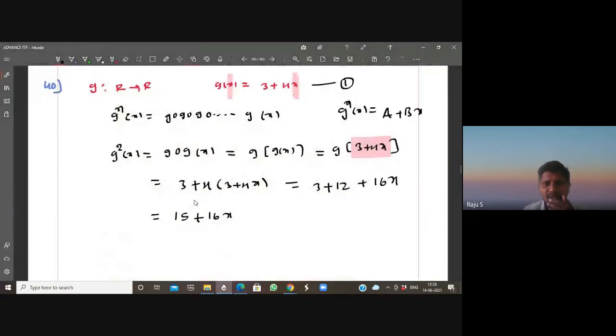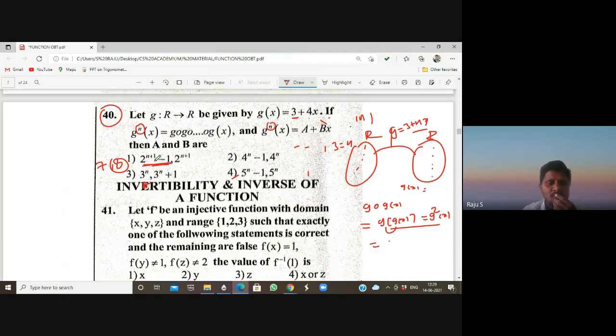But when we simplify and compare this with a plus bx, the a comma b value is 15 comma 16. If I substitute n is equal to 2 here, we are getting 7 comma 8. 7 comma 8 is not equal to 15 comma 16.